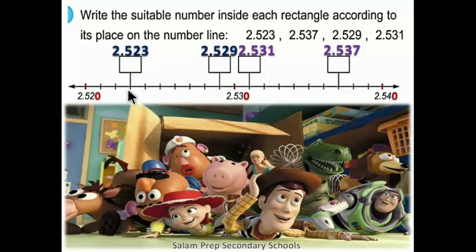After 523, 524, 525, 526, 527, 528, 529. So we will write 2 and 529 thousandths. And so on. 530, 531. I will write 2 and 531 thousandths.